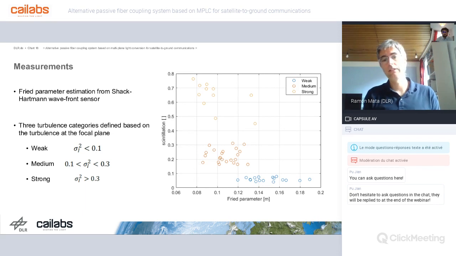If we plot it with the Fried parameter, we also see how the Fried parameter decreases towards higher scintillation. We classified in that way in order to quantify the performance of the adaptive optics system in these three regimes, where the scintillation was more active, where we saw that it is the most limiting factor of the adaptive optics system.